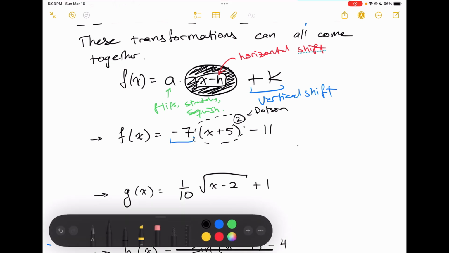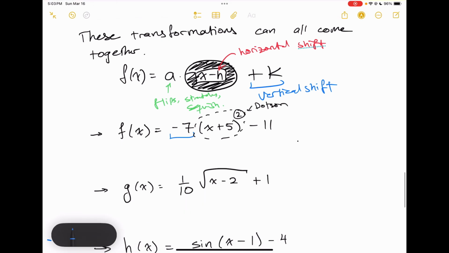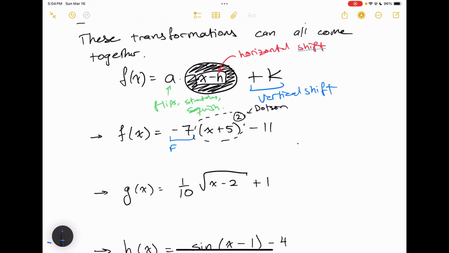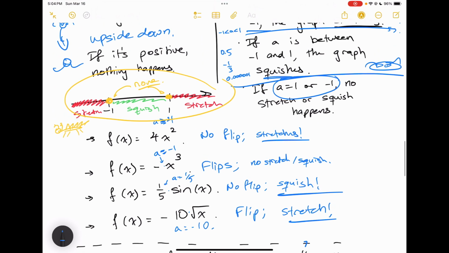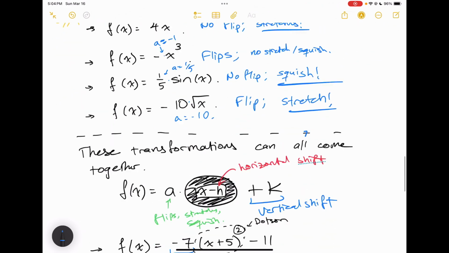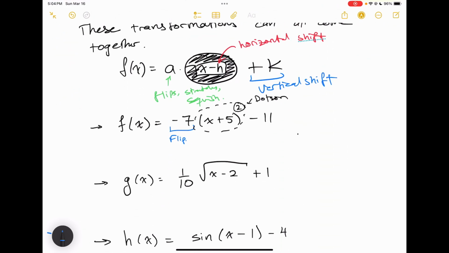Let's recall, when we have a negative a, we know for sure that this will flip. And we also know that this number here is in that range of stretching, because negative 7 is going to be all the way out over here. So here, we say that it flips and stretches.